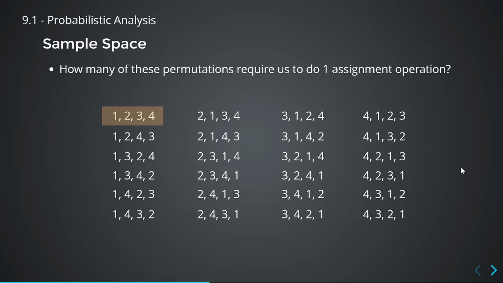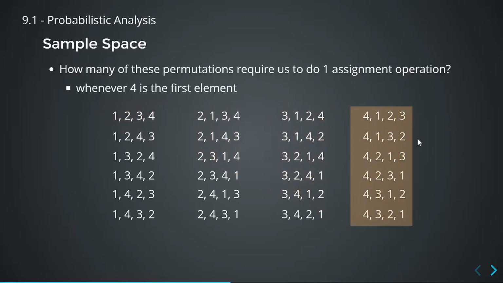That is when you look at the first element and it's already the largest, right? So the largest value here is 4, which means all these guys on the rightmost column, these 6 permutations, they only require 1 assignment operation.